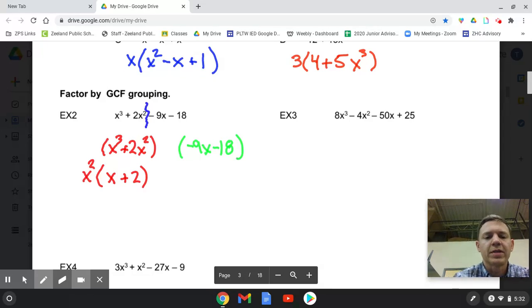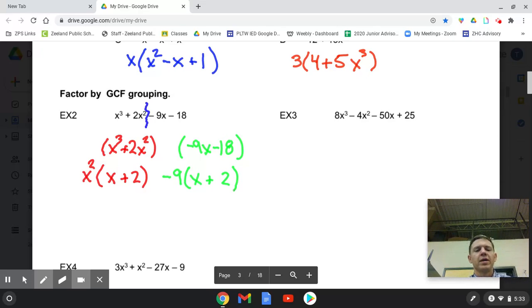So negative 9 out of the first one: if I take a negative 9 out of negative 9x, I'm left with just an x. Take a negative 9 out of negative 18, I'm left with just a positive 2. The negative got distributed out, or reverse distributed out.